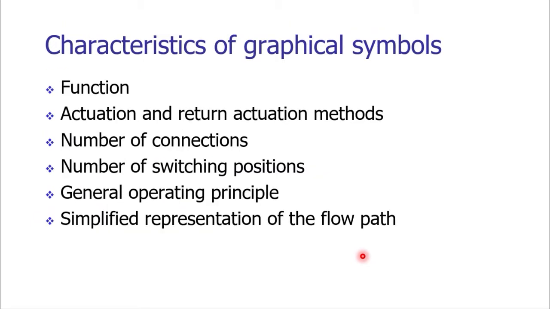Basically, the graphical symbols give us information about the function of that element, the actuation method and how to return it, how many connections there are to that particular device, maybe a valve or an actuator, how many switching positions that valve has, and what the general operating principle is. So this information will be communicated through the graphical symbol.